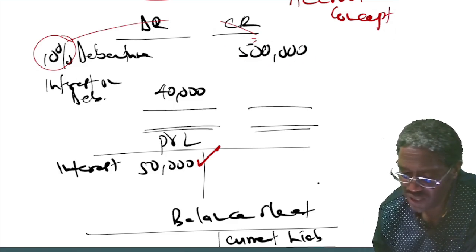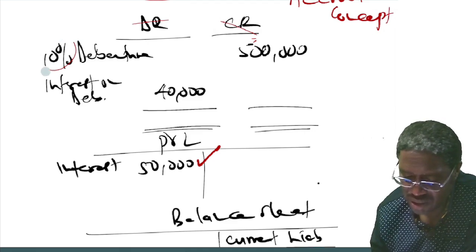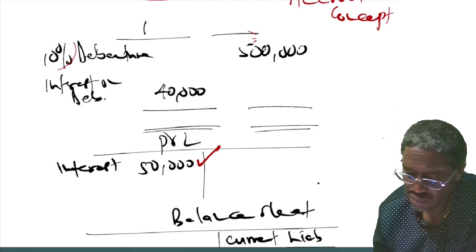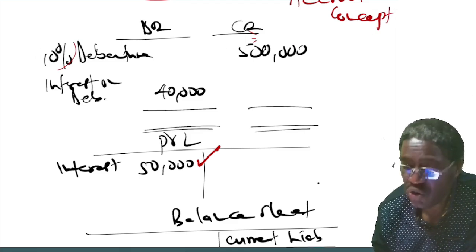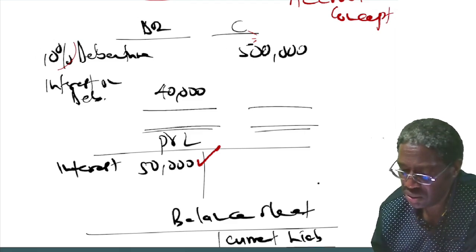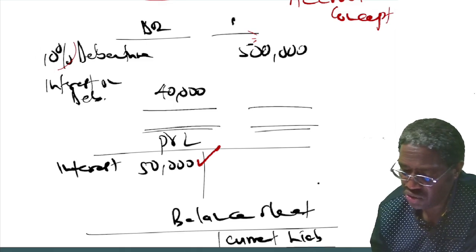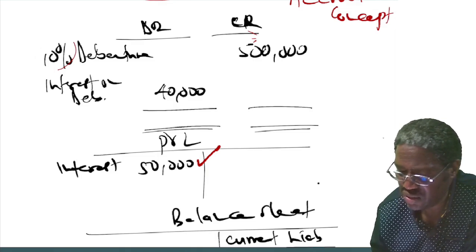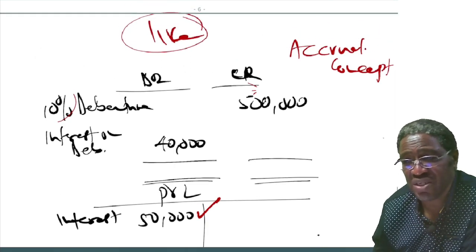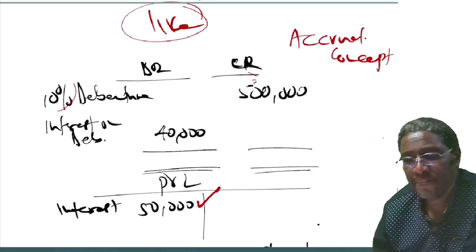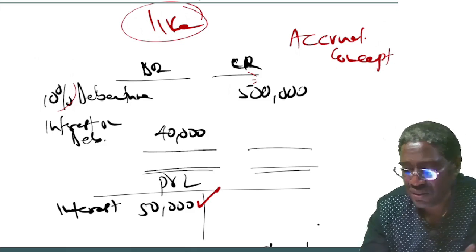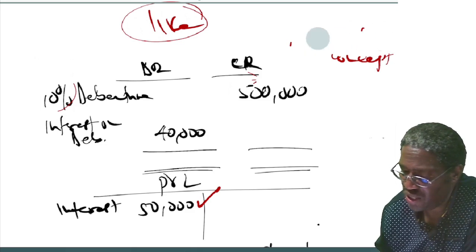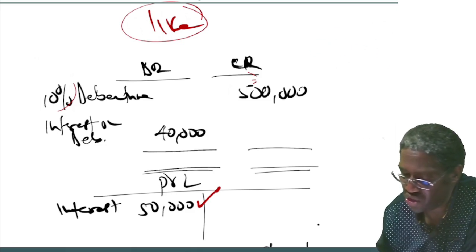So have another subheading, call it treatment of debenture interest. Then under that, we want to put down the summary note in form of an illustration.